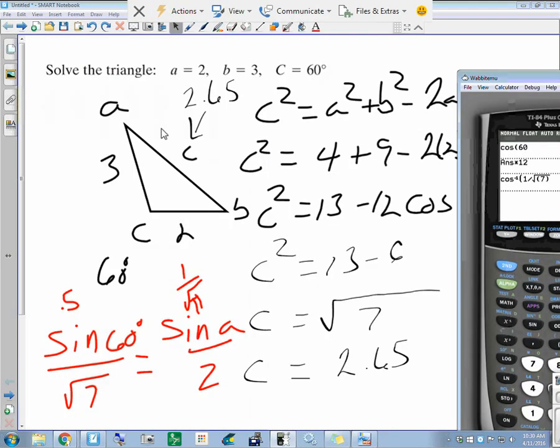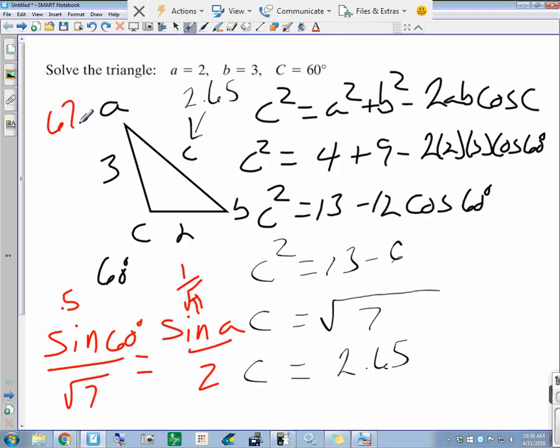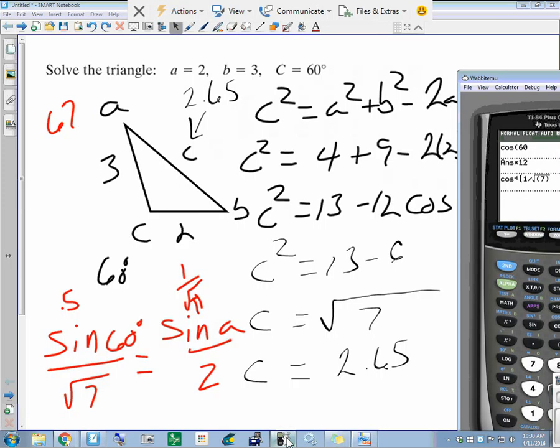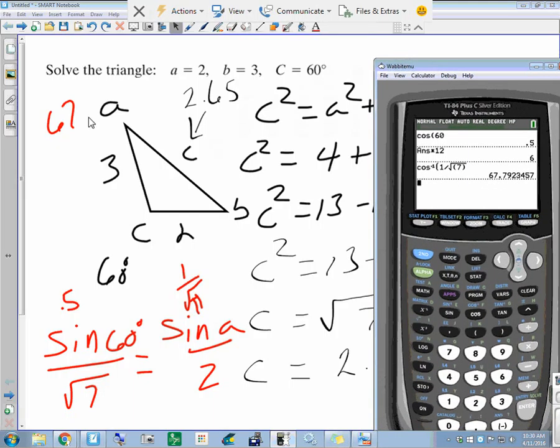So if A is going to be equal to 67 degrees, got that written down. 67 point what? What was it? Come on, calculator. 67.8, right?